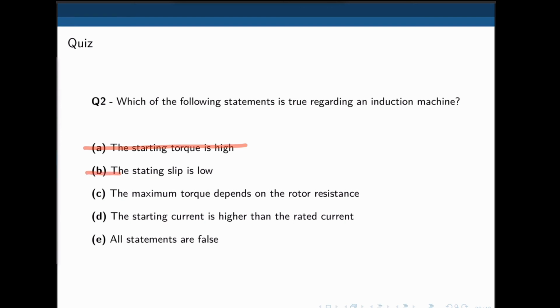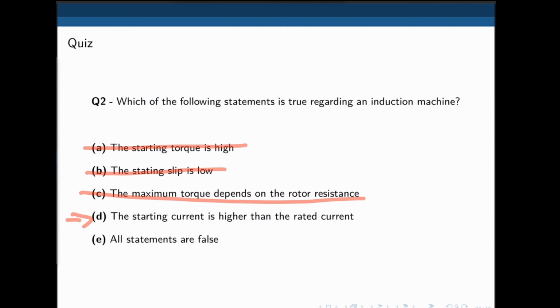That's also false because the slip at start is 1. The maximum torque depends on the rotor resistance. That's also false. The point where the maximum torque occurs depends on the rotor resistance, but not the magnitude of the maximum torque. So the correct answer is D.